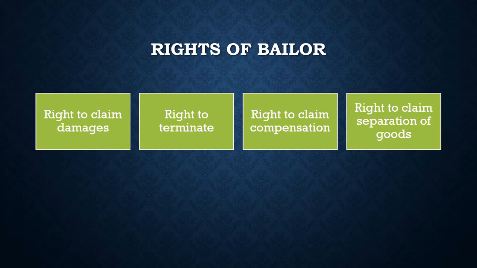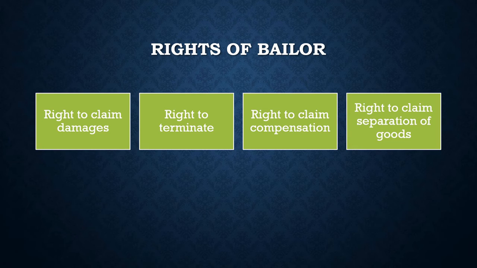A has given his car for servicing. After servicing, B, to whom A has given it for servicing, must return the car. But instead of returning, B took the car for a trip to Lonavala. Is this fair? No. This is unauthorized use of goods bailed. Okay. A can claim compensation.